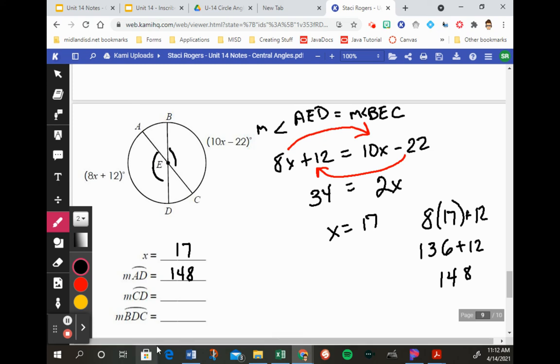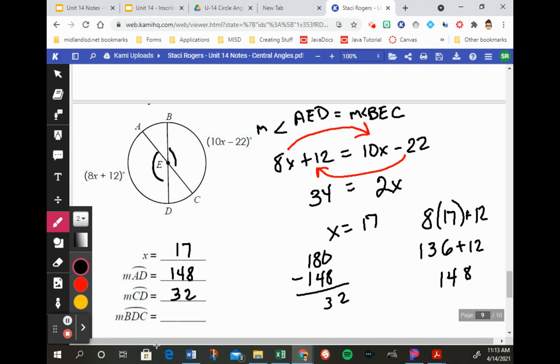Measure of CD. AD and CD add up to 180. So 180 minus 148 is 32. And then angle BDC, all the way back around.